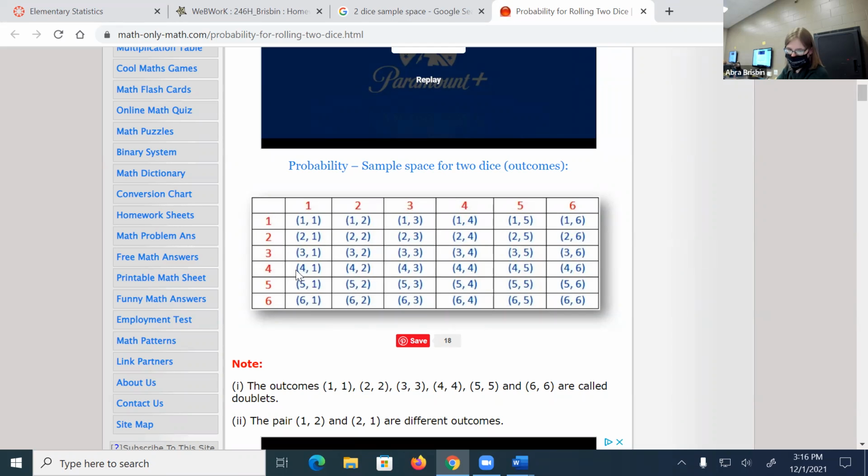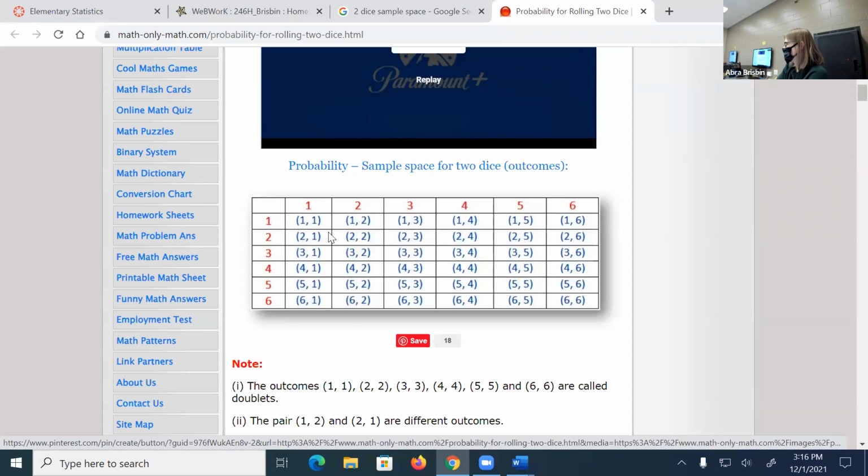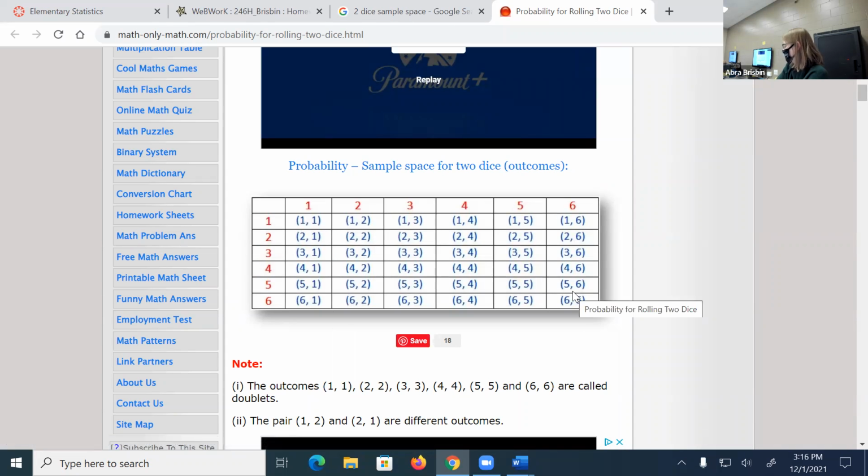So like 4, 1 instead of 1, 4, 5, 1 instead of 1, 5. So we had 6 in the upper right-hand corner and 6 in the lower left-hand corner out of 36 total possible combinations. So the probability of that is 12 out of 36.